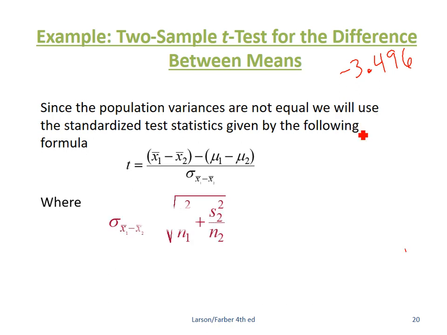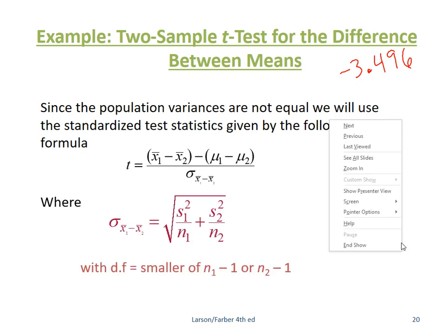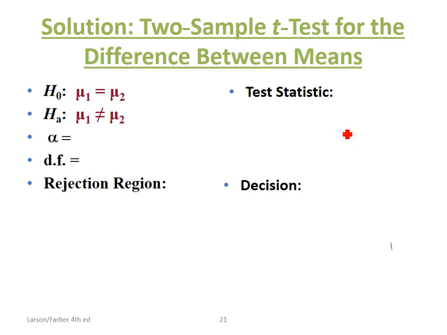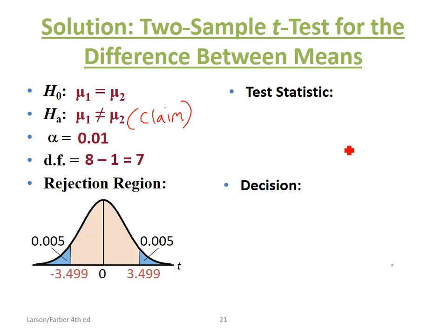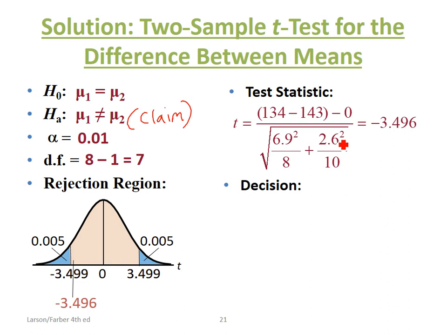Let's go through this. Get rid of all that, we know all that already. Thank God for calculators. So we had that, again, I forgot to put the claim. DF was 7, we used that, found that 3.499, is that what we said the rejection regions were? Yes. Using the formula, is that what you guys told me, negative 3.496?